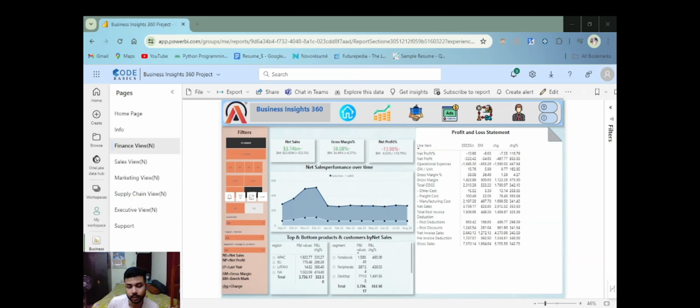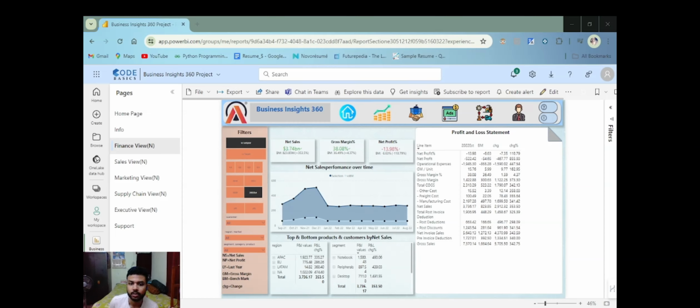After that, if we go to the next, there are KPI cards. Here it is net sales. Net sales tracks our performance over the fiscal year and shows the net sales values, also comparing it with the benchmark target. In the same way, we have two other KPI cards, gross margin percentage and net profit percentage.